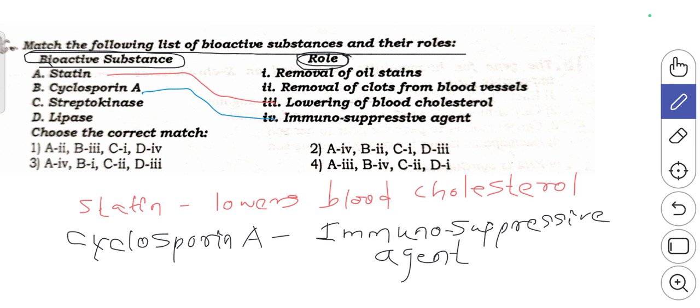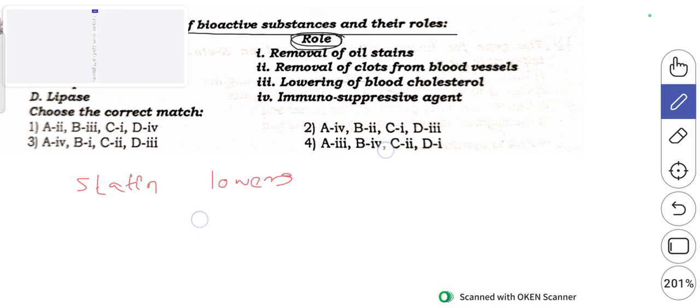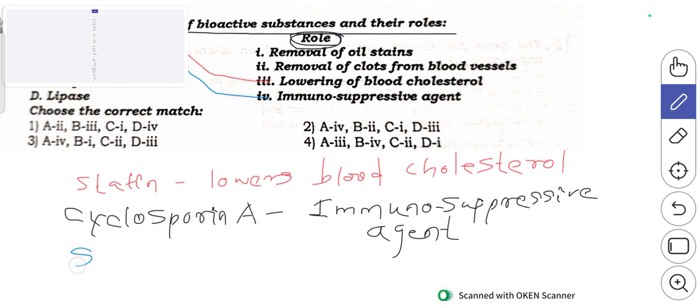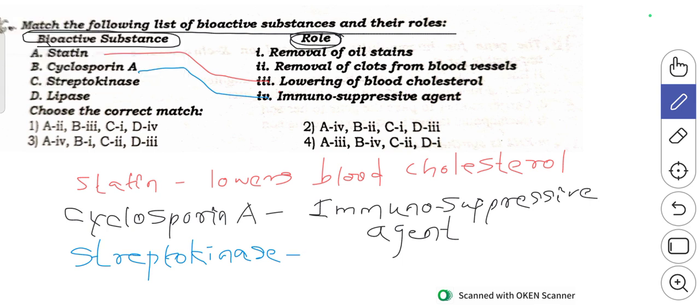Then the next one, that is streptokinase. What is the function of this streptokinase? It is one of the important bioactive substances, as it plays a major role in the removal of clots from the blood vessels.